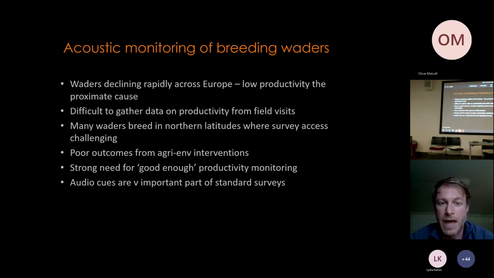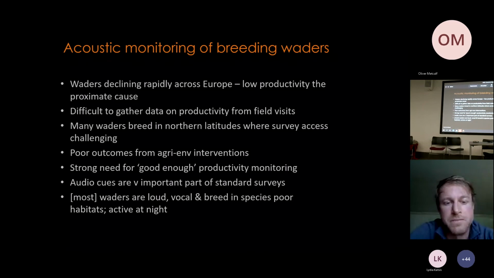And as I said about productivity surveys, a really important part of them is audio cues. Some waders have specific calls which they only make when they have dependent young, and recording these particular calls is how we gather data on productivity from field visits.